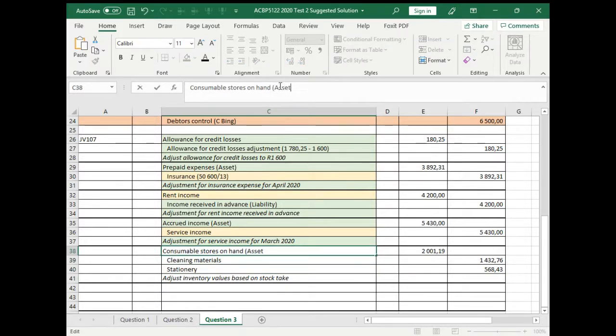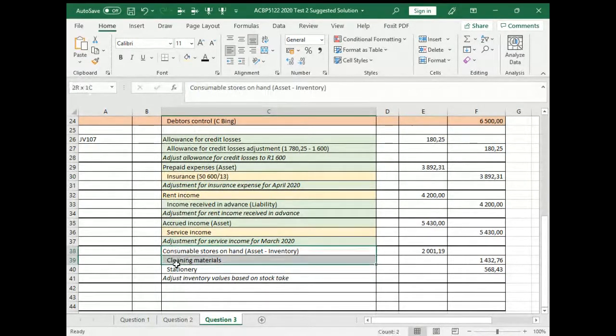So this is basically an asset. I'm just going to say it's inventory, just so you know what it is. So we create consumable stores on hand, and we then take that and say, okay, we have the stock on hand at year end. So we haven't actually used it up, so we can't expense it as yet.